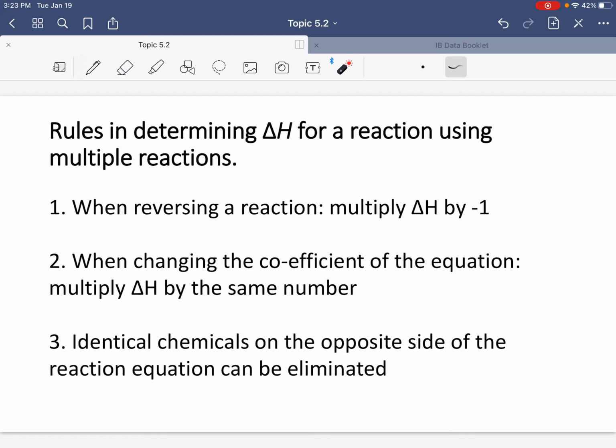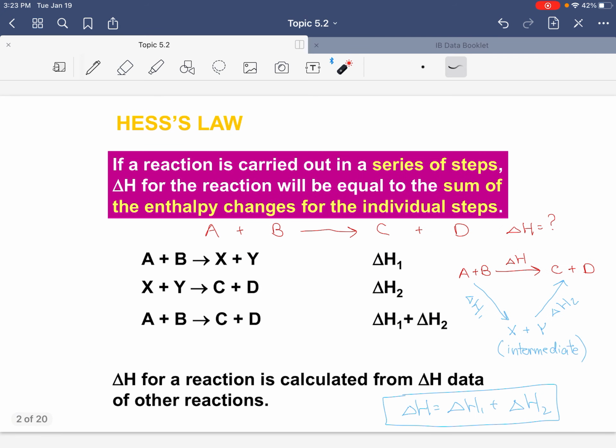Okay, when you have a reaction and you're reversing this reaction, delta H needs to be multiplied by -1. And that's pretty obvious, I guess, that if A plus B gives you X plus Y, and that is delta H1, if you were to do the reverse reaction, it will be negative delta H1.